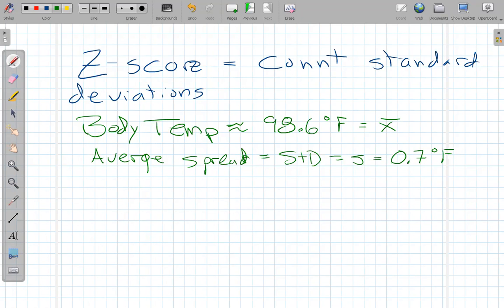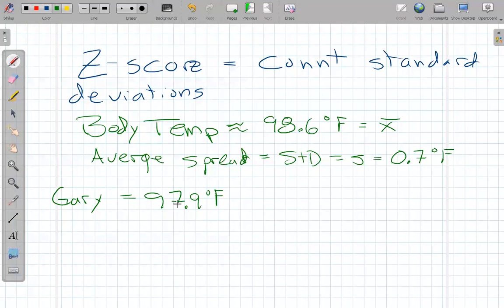Okay. So if my temperature turned out to be 97.9 degrees Fahrenheit. Let's say this is Gary. Right now, I'm usually a little below average. How far below average am I?